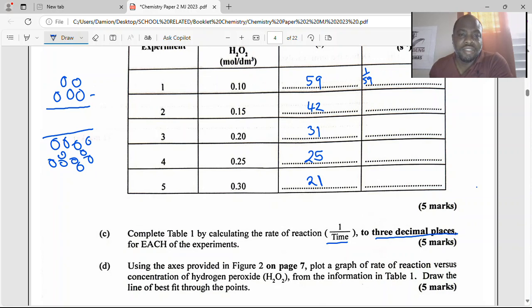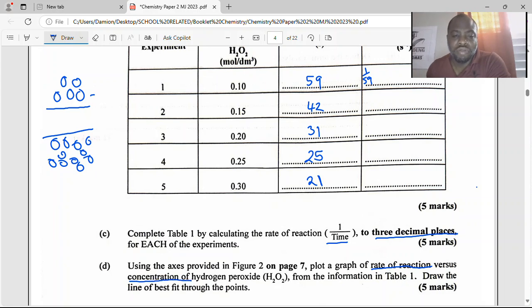And I know sometimes, like what we have just done, we just jump and start putting numbers. But please read the questions and what is required of you before you actually start to answer. Using the axis provided in figure 2 on page 7, plot a graph of rate of reaction versus concentration.